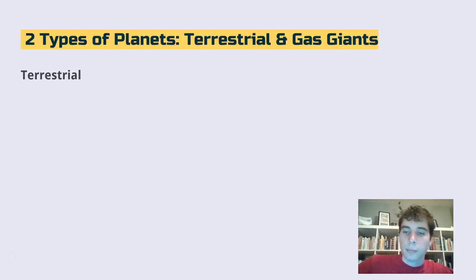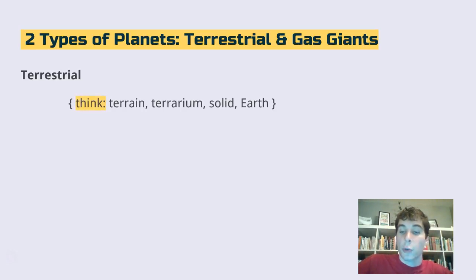Terrestrial, I want you to think terrain, all right? Terrain would be like the earth or the soil that you move over. You could have sandy terrain, muddy terrain, rocky terrain. All of that is like earth, it's a solid. A terrarium, that's where Trouble the Gecko lives, okay? A terrarium is like a cage where you keep a land creature as opposed to an aquarium, aqua, made out of water.